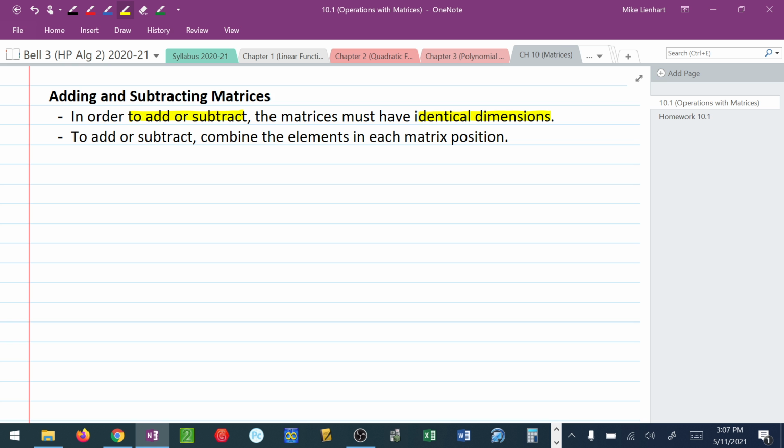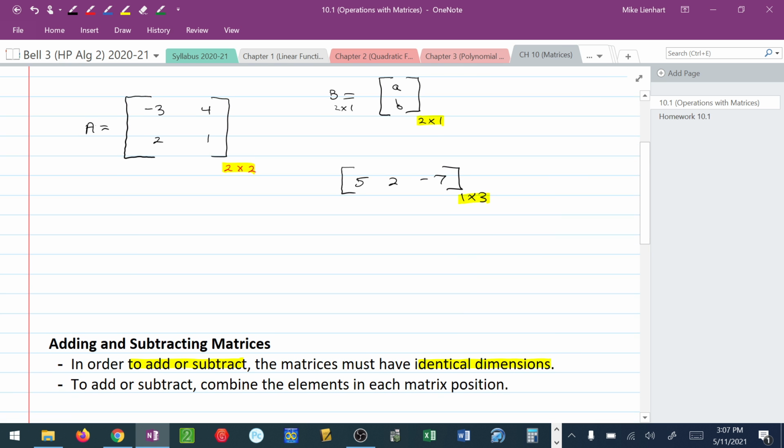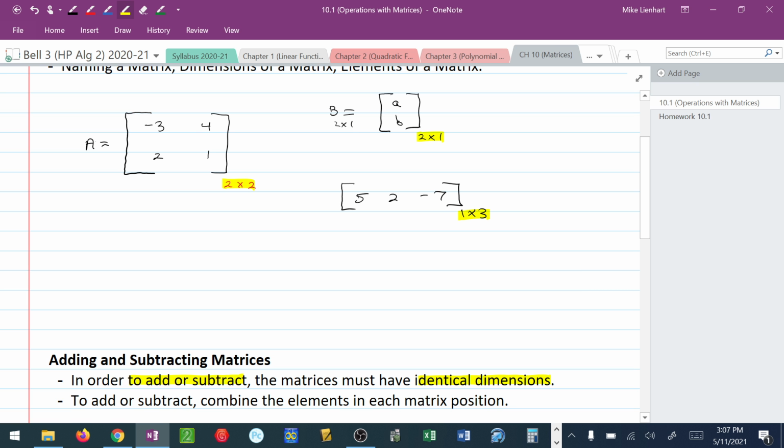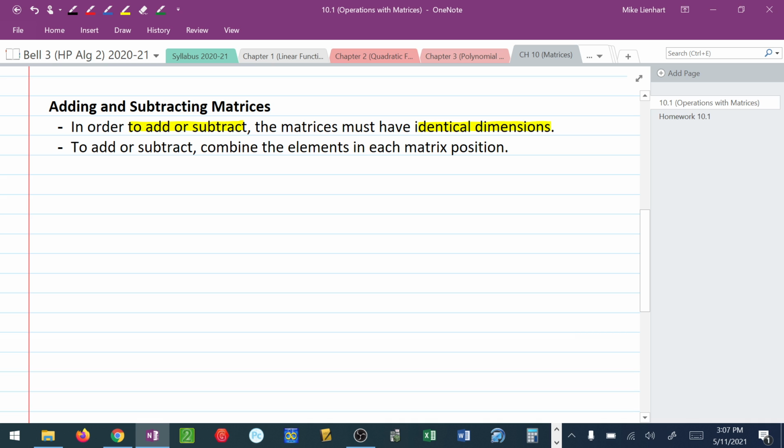The reason why I can't is because of the different positions that these numbers are in. We're going to talk more about that when we get to multiplication in the next lesson. But in order to add and subtract, what do I have to do? Just combine the elements in each matrix position. The elements are the individual locations or the individual numbers in there.